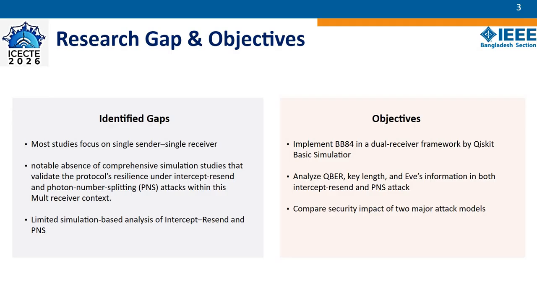To address this gap, our objectives were to implement BB84 in a dual receiver framework using Qiskit basic simulator, to analyze QBER, shifted key length, and information using the simulator, and to compare the security impact of intercept-resend and PNS attacks.